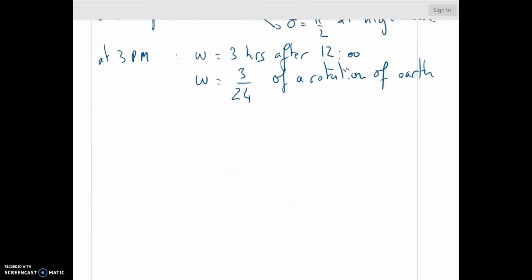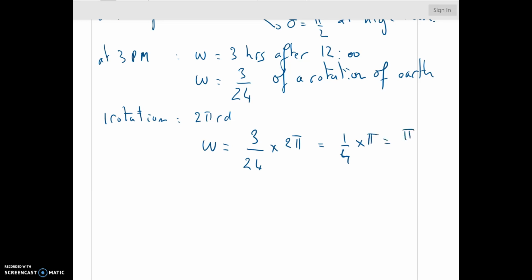And so if I want to transform that into radians, one rotation equals 2 pi radians. That means that omega will be equal to 3 over 24 multiplied by 2 pi, therefore equal to 1 over 4 multiplied by pi. So we say that omega equals pi over 4.